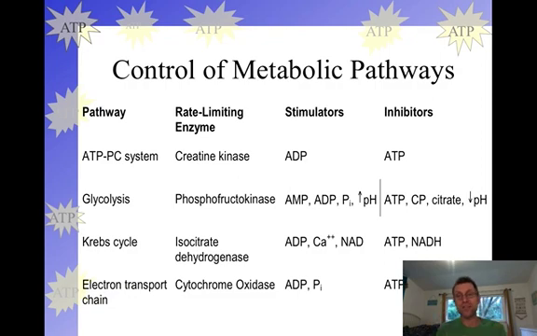As you look across this as well, let's look on the other side. If ADP is a universal stimulator, what would be the universal inhibitor? Pause the video, think about it. All right, now that you're back, I know you didn't pause it. What would inhibit it? ATP. If ATP concentrations are at a homeostatic place, as when we're at rest, there's no reason to turn on metabolism.